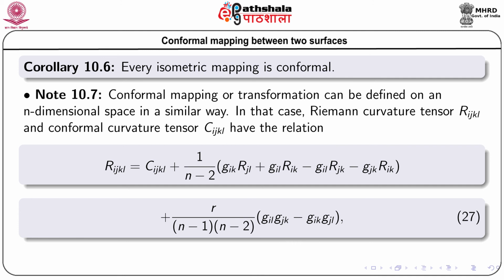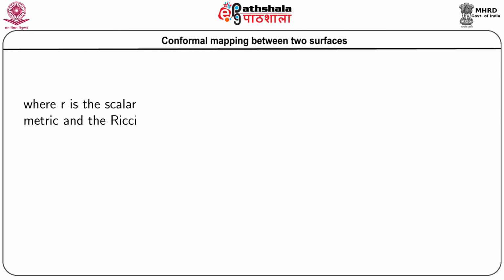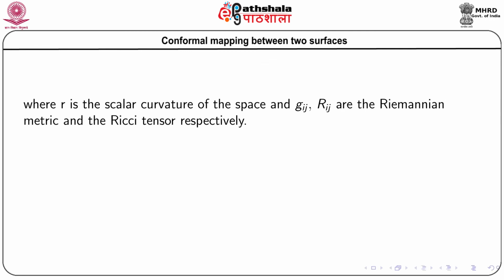So, this is the relation between the conformal curvature tensor and the Riemann curvature tensor if we consider an n dimensional Riemannian space. R is the scalar curvature, g i j, R i j are the Riemannian metric and the Ricci tensor respectively.